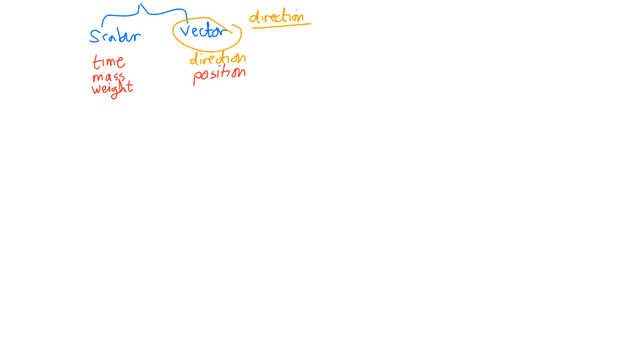If you are sitting in a room and you're trying to determine your position, you will say I'm sitting to the right of this door, next to that door, behind the main gate, etc. So when you say such things, you are talking about what? About vectors.